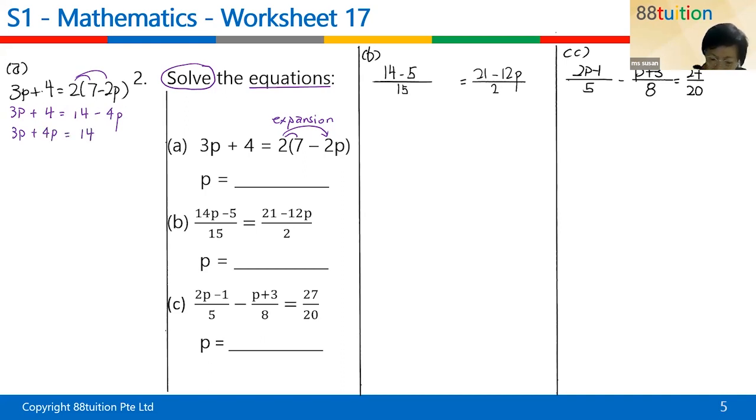Now I have a 4 on the left-hand side. To remove the 4, I minus 4 on the left side, and I must minus 4 on the right side also. So to solve this, I will have 7p on one side and 10 on the other. So p alone is 10 over 7.